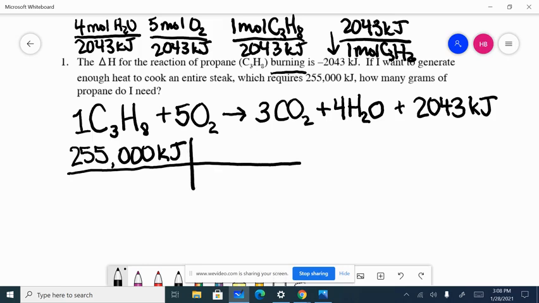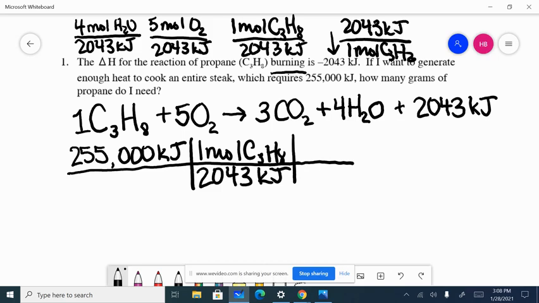I need kilojoules to cancel out, so I'll need the kilojoules on the bottom, and then I'm trying to get to moles of propane because I know to get to moles, the next step would be grams. So we all know how to change moles to grams by multiplying by the molar mass.